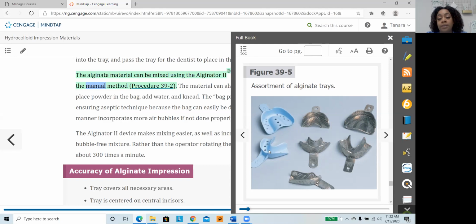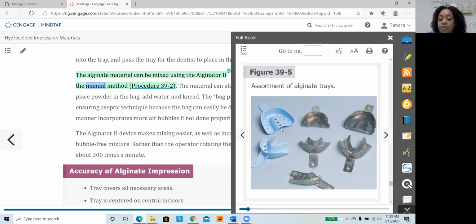To sterilize the plastic ones, there is a solution that you would scrub it with and have it sit in for 24 hours that would absolutely sterilize it. But as you can see, this tray right here is a disposable tray and this is your upper tray. How do I know that? If you look in the center, it gives you a palate. Here would be your lower tray and it has an opening in the center for the tongue and the floor of the mouth.